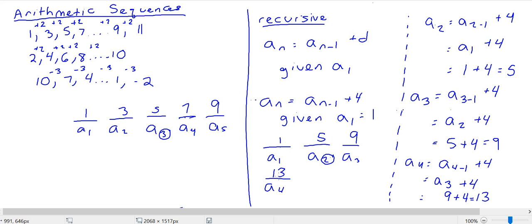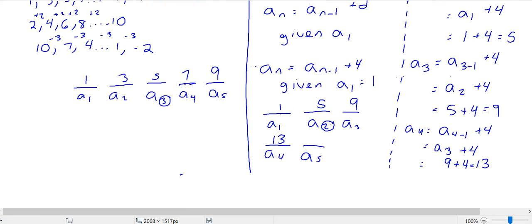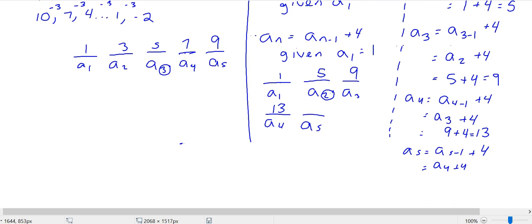And let's solve for a sub 5. A sub 5 is equal to a sub 5 minus 1 plus 4, or a sub 5 is equal to a sub 4 plus 4. And a sub 4, we already solved, is 13. 13 plus 4 is equal to 19.